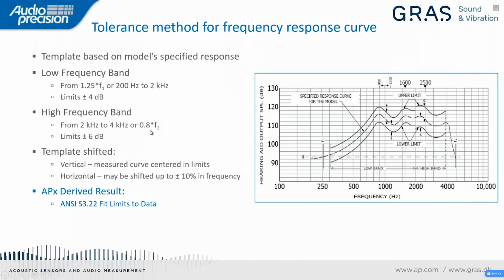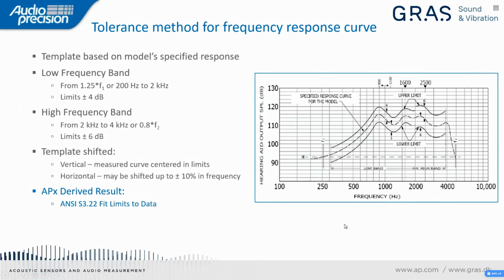in the higher range. Now, this is a template, and the way the standards are written, it's from the past when people would use transparencies, and the idea was you would print out the measured curve of the device. You would have a transparency containing the limits based on the model curve, and you would overlay the transparency on top of the curve, adjust it vertically until the measured curve is centered in limits, but you were also allowed to adjust it horizontally by up to plus or minus 10% in frequency to see if the measured curve fits within the limits.